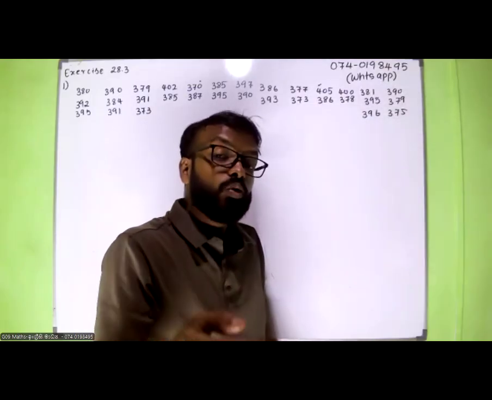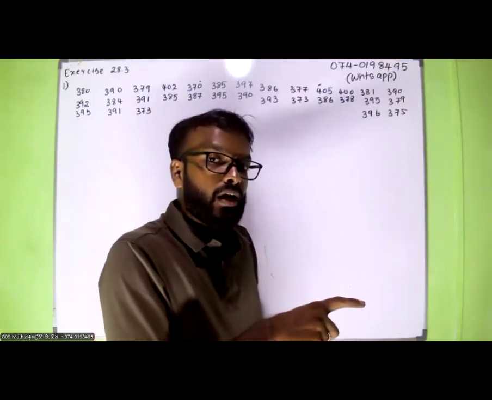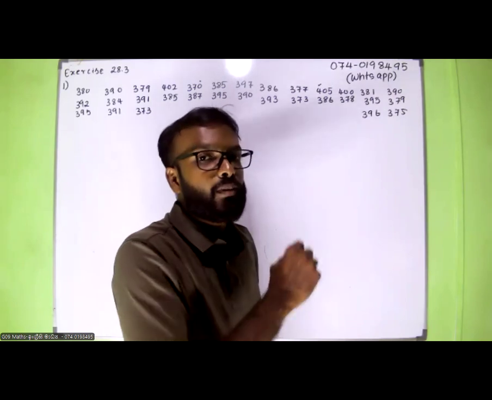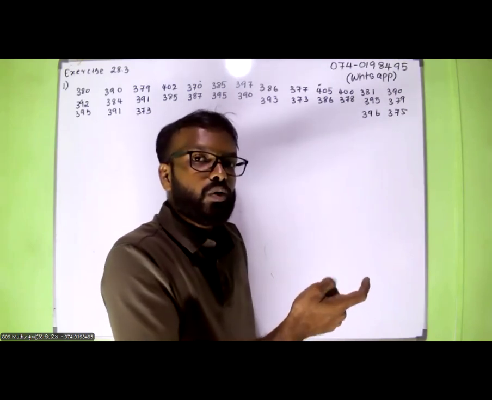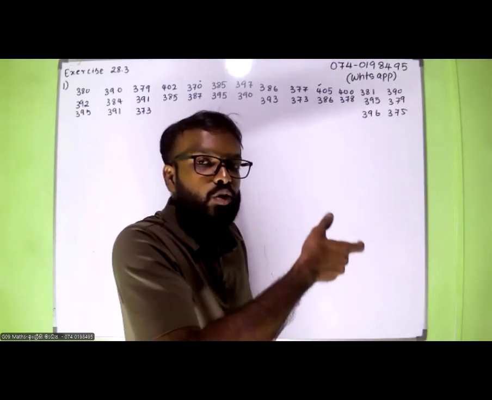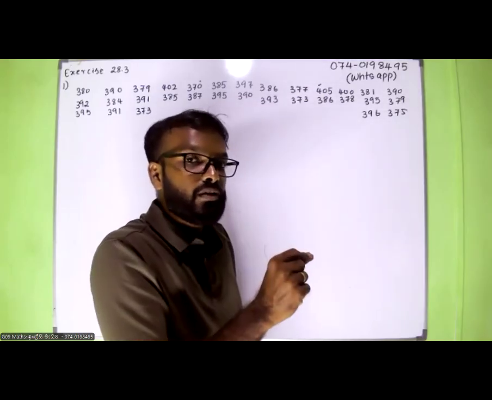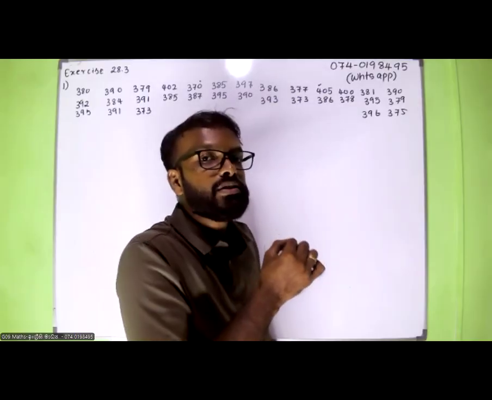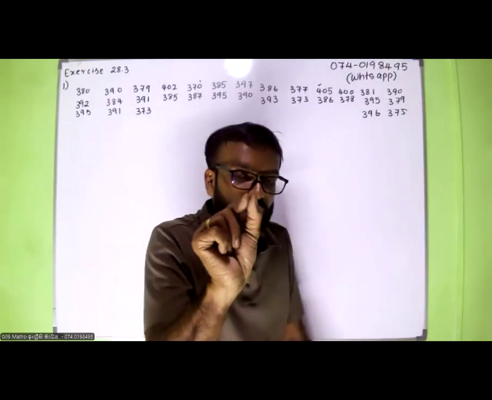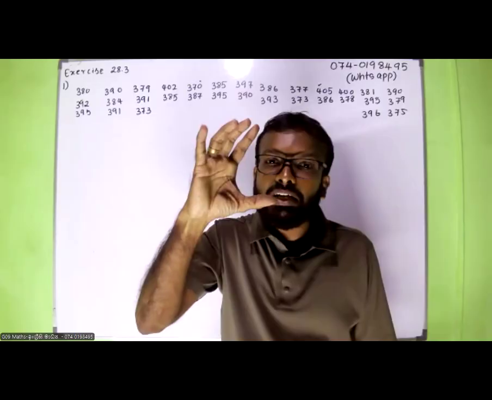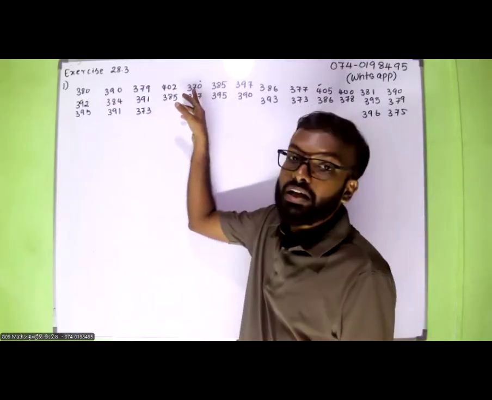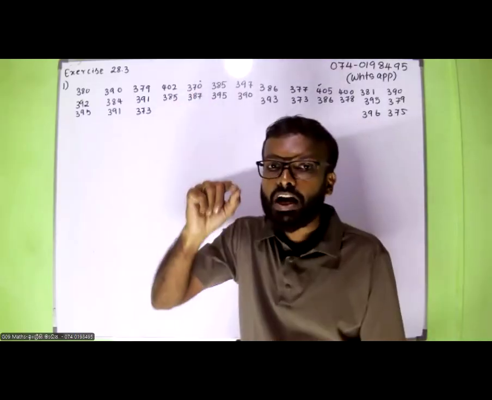But I told you to prepare the closed gap one, so you have to subtract one from it. Your class interval should begin from 369. But if you see this data, the minimum value is 370.